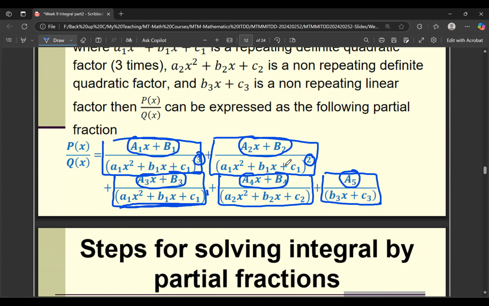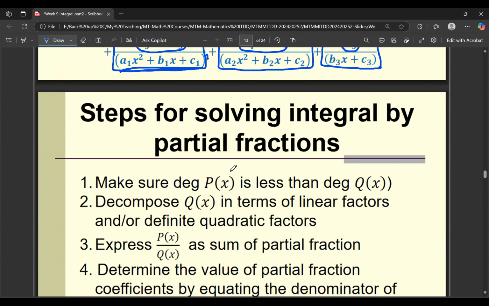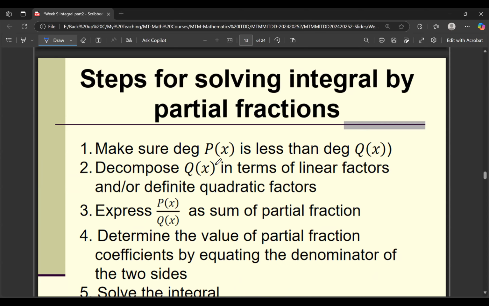After we know how to make a partial fraction from the four cases, I will give you the brief steps for solving an integral by partial fraction.